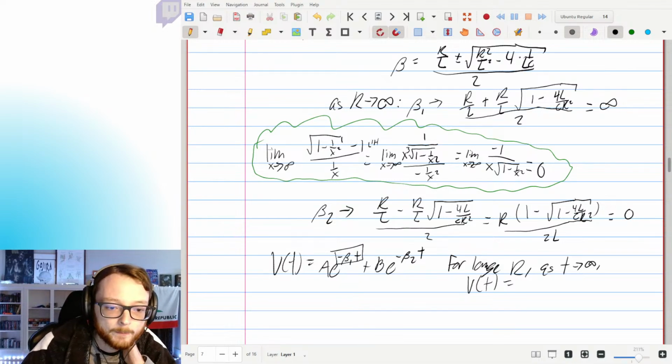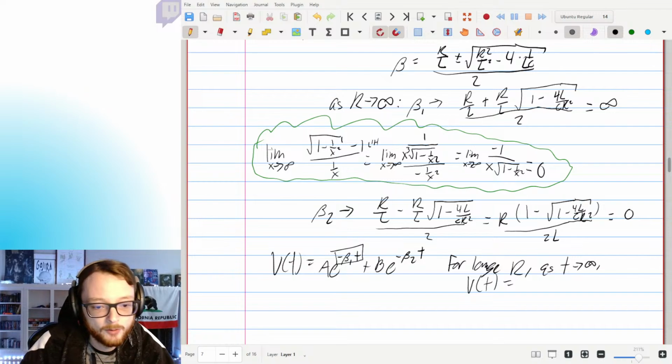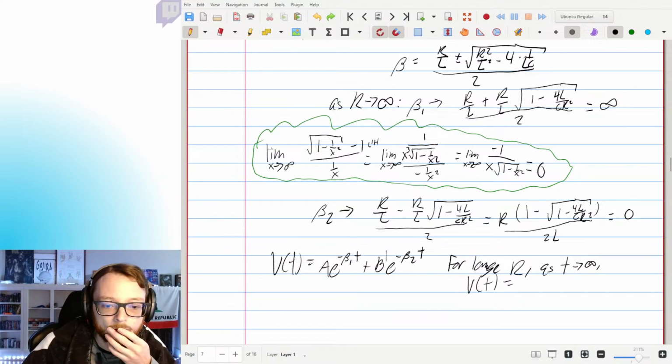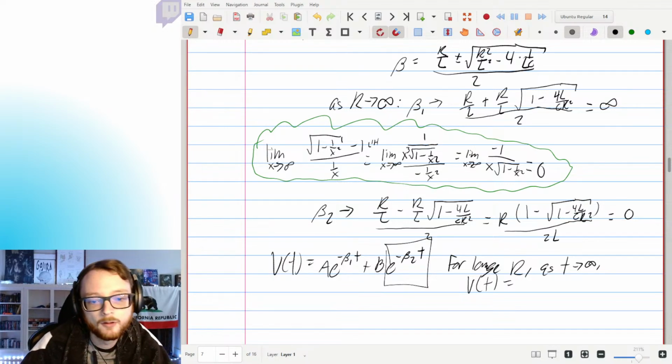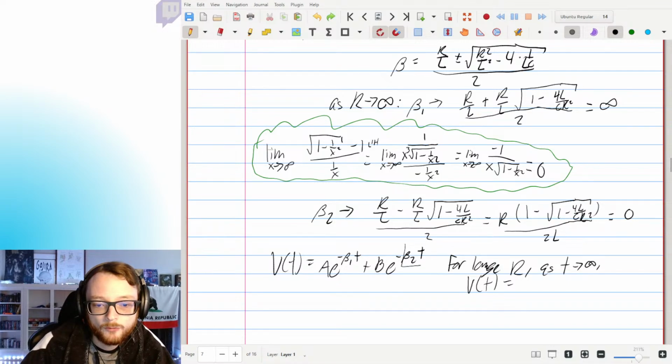So e to a very large negative number, excuse me, goes to 0. Over here is a little more complicated, and I was still trying to figure that piece out, I think. Because beta 2 goes to 0, but T goes to infinity.